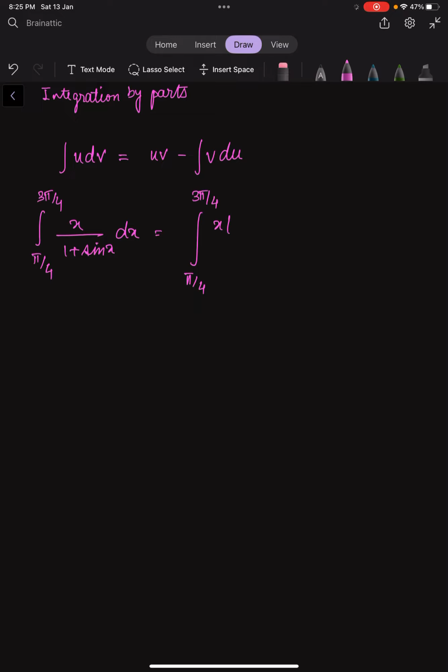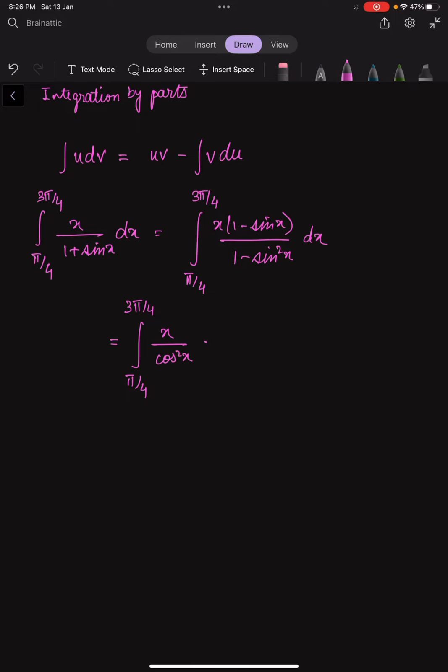So this gives us (x times 1 minus sine x) by (1 minus sine square x) dx. Now we are going to split the expression into two integrals, fairly simple. So from pi by 4 to 3 pi by 4, x by 1 minus sine square x, we can write it as cos square x, correct? So we are going to replace 1 minus sine square x by cos square x over here.